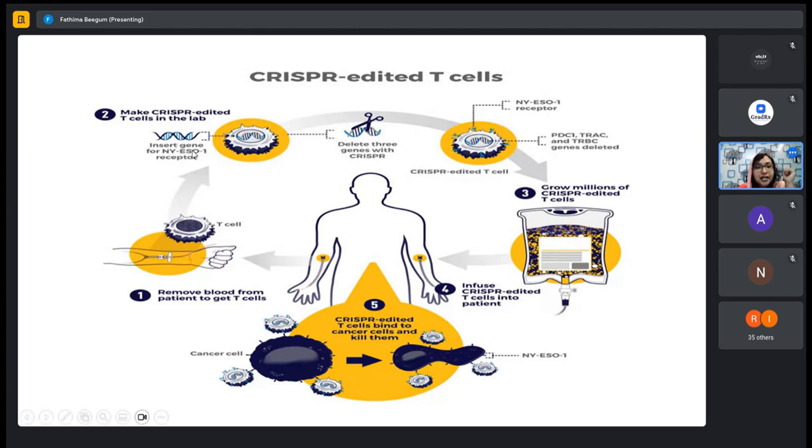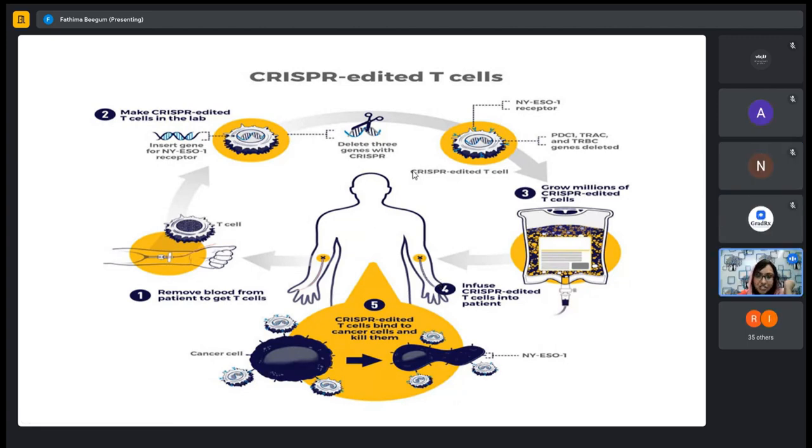So the gene for that particular protein is inserted, and deletion is also done. So modifications are done using CRISPR. Then the CRISPR edited T cells are transferred to the host organism using a suitable vector. And the CRISPR edited T cells bind to the cancer cells and kill them. That is what happens in cancer research with CRISPR technology.